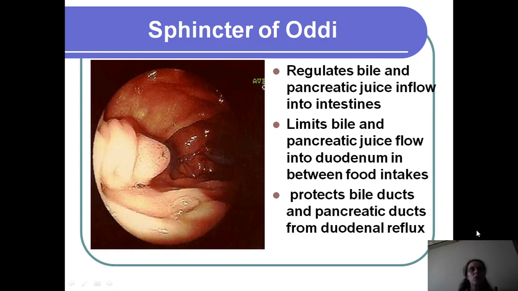Probably it's one of the most important sphincters in the whole system of biliary passage. So it regulates bile and pancreatic juice flow into the intestines. It limits bile and pancreatic juice flow into the duodenum in between food intakes. And very important, it protects bile ducts and pancreatic ducts from duodenal reflux.